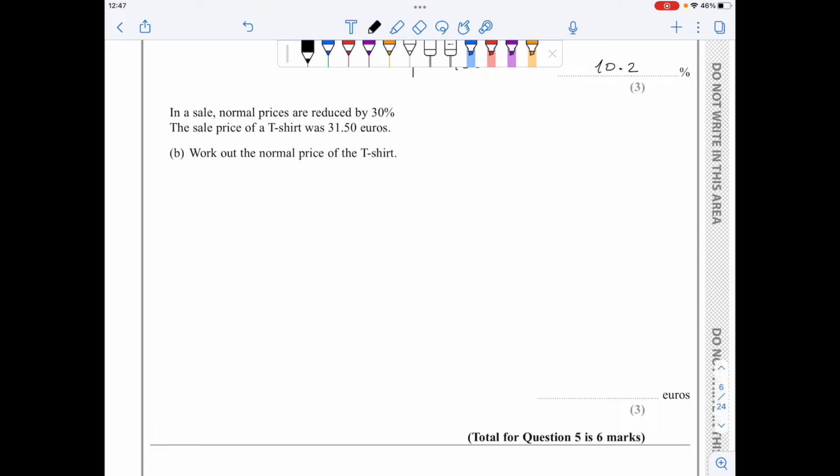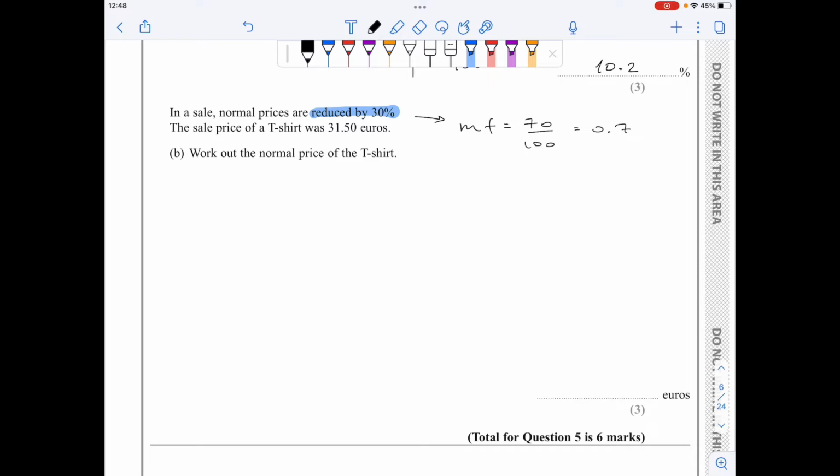For part B, I think the easiest way to proceed is to work with the multiplying factor. I have a reduction of 30%, which means my multiplying factor is 70 out of 100, because from 100 to drop 30 you go to 70. This is 0.7 as a decimal.